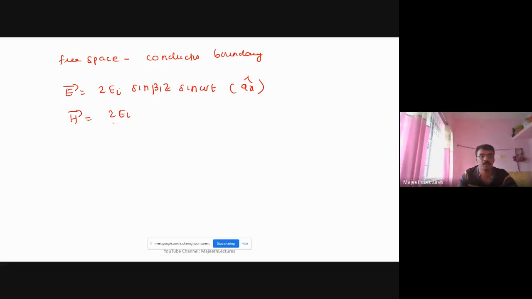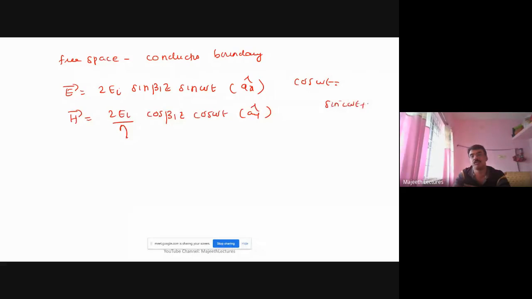H is equal to 2E_I by eta cos beta z, cos omega t. E is in the X direction, H will be in the Y direction. Moreover, the sin omega t and the cos, that is sin omega t plus pi by 2.